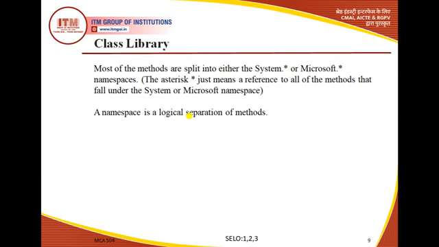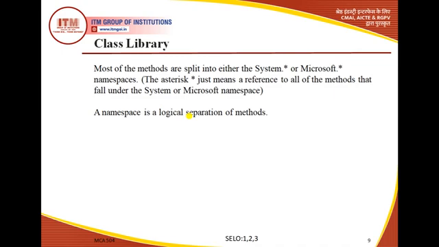Most of the methods are split into either the System.* or Microsoft.* namespaces. Here the asterisk just means a reference to all of the methods that fall under the System or Microsoft namespace. Suppose, as I just told you the example of System.IO, standard input output. Like in C++ we use stdio.h etc. So for standard input output generally we use some header files.